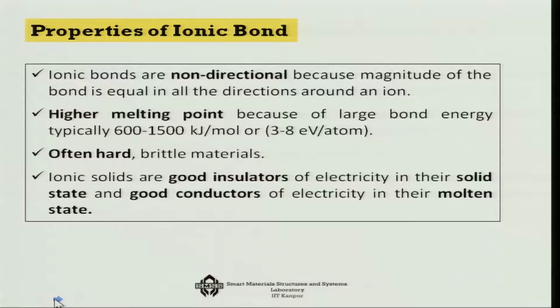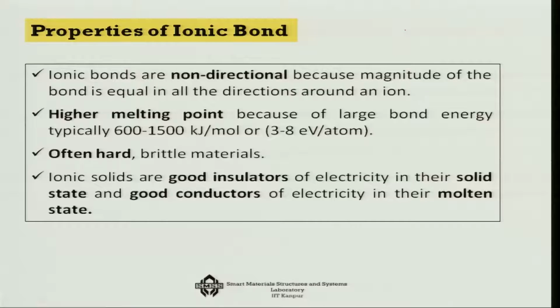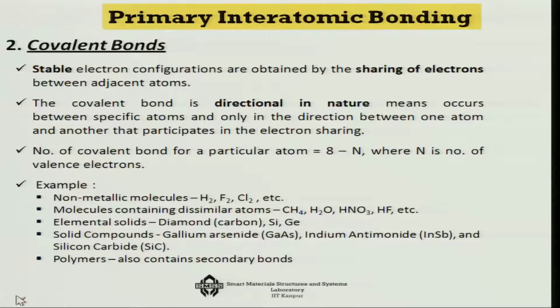Now, the overall properties of the ionic bond: they are non-directional. Why? Because these are two ions and they can get attracted from any direction. If we consider one positive and one negative ion, they can get attracted any which way.